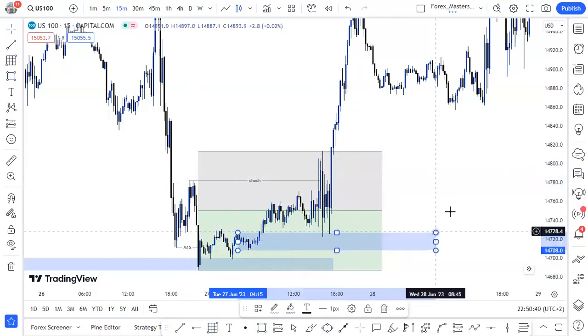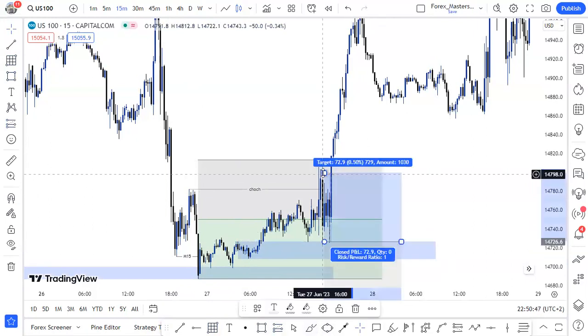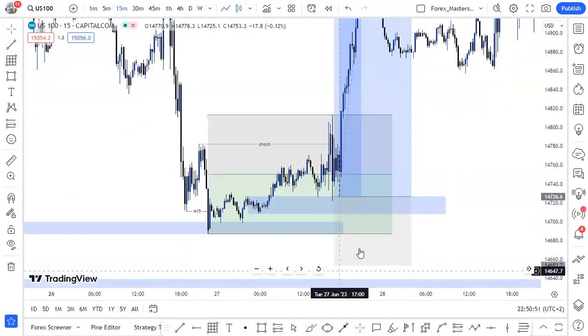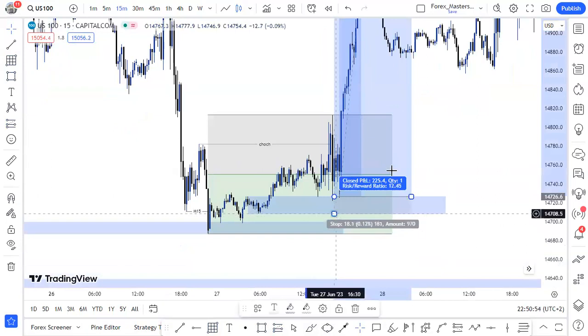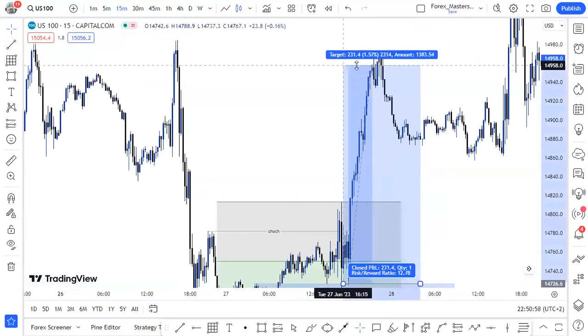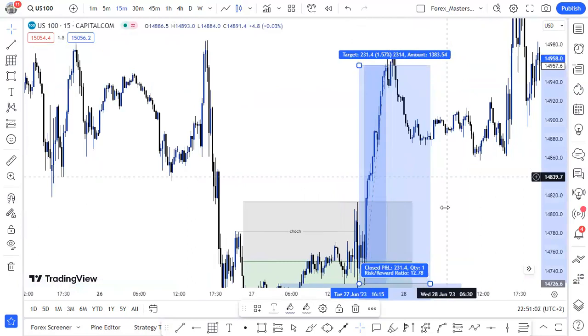And this is where price came to. And of course, we had to take that trade. So I was buying right there, and profit, of course, was quite high. It was a really good trade. This one really paid out. It was one of those nice trades.